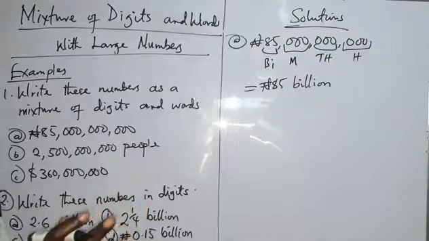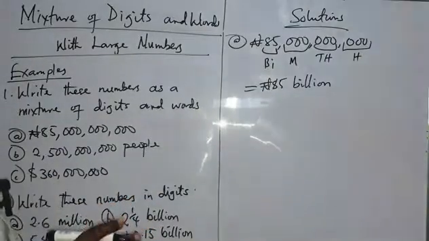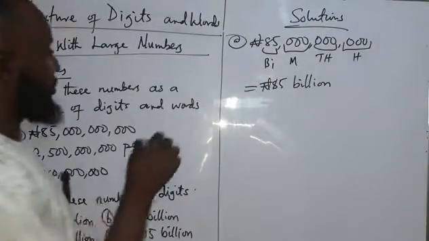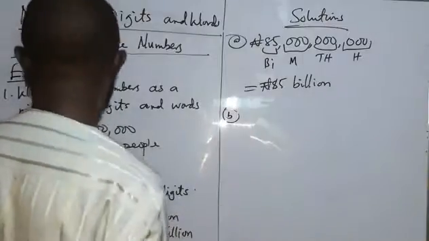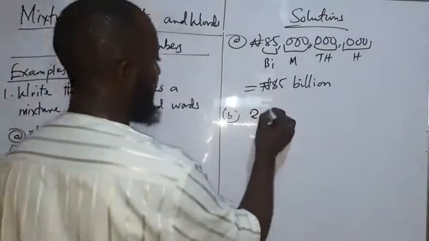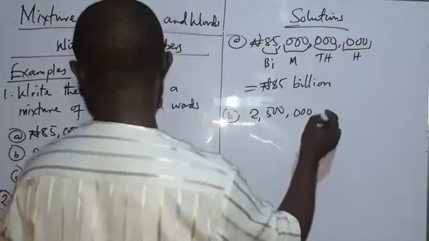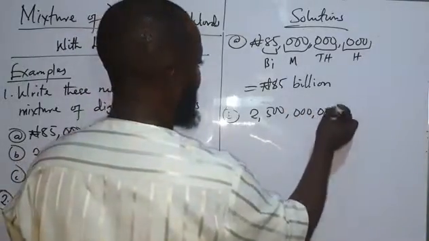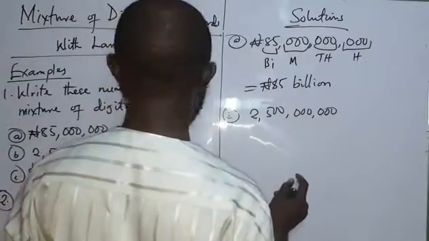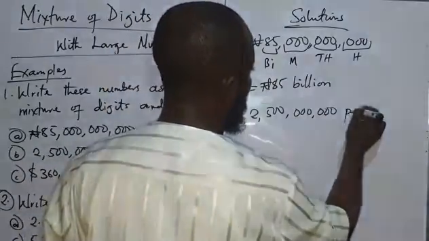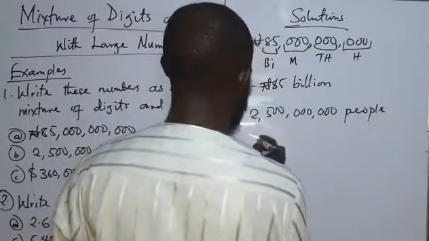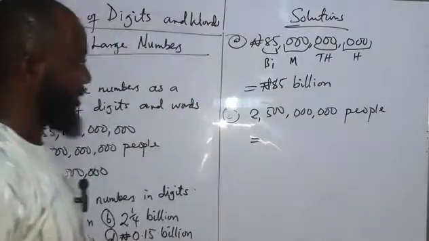Good. So if that is the case, let's look at number 2, the B aspect of it, which we have 500, right? 0 0 0 0 0 0, then 1, 2. Yes. So you want to write this as a mixture of what?